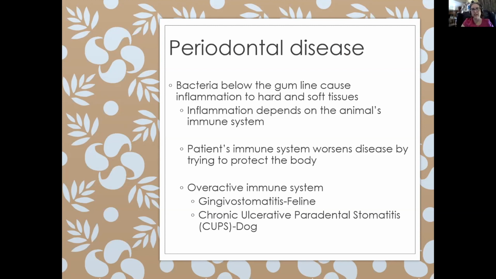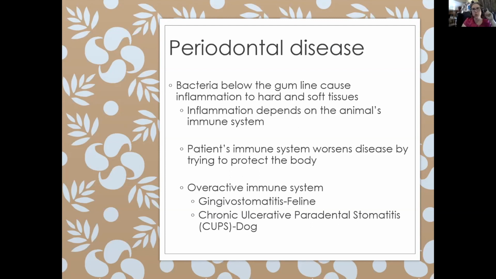In the cat, it's more of a hypersensitive immune response to either plaque bacteria in the mouth, plaque retentive surfaces, so the teeth, or the periodontal ligament. So really the only treatment for that is meticulous home care or extraction of all the teeth. For the dog, it is really just a hypersensitivity to plaque bacteria in the oral cavity.